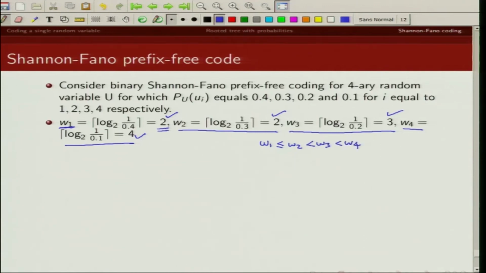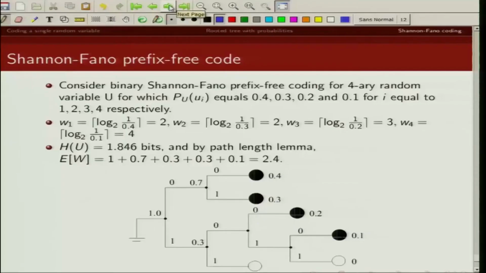And then we start with the first code word and prune the tree at depth from the root equal to W1. We do the same thing for W2, W3, W4, and that's how we are able to map each of these code words of lengths W1, W2, W3, W4 into a D-ary tree, and that's how we can get a prefix free code.